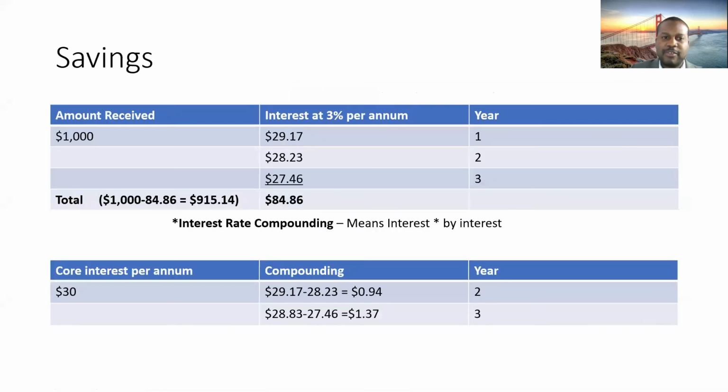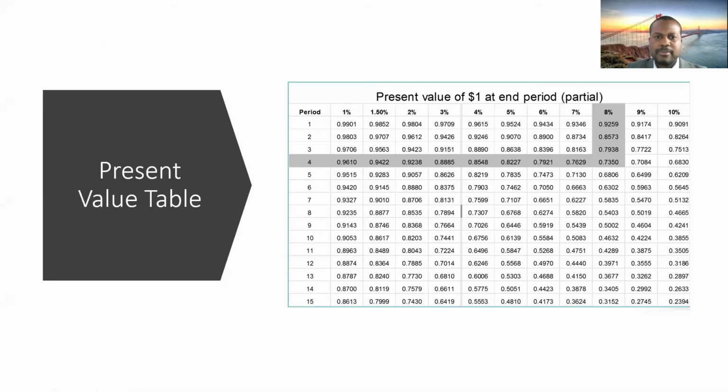So we have 915.14 as we had here, 915.14. But here, when we do it using the formula, we get 915.10, which is slightly different marginally, but you know, it's a marginal difference there. Okay.